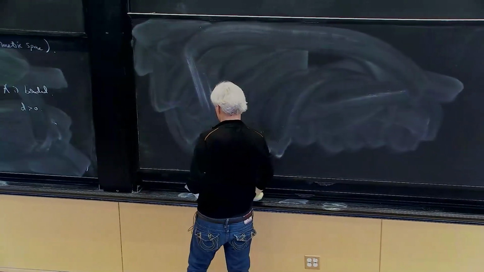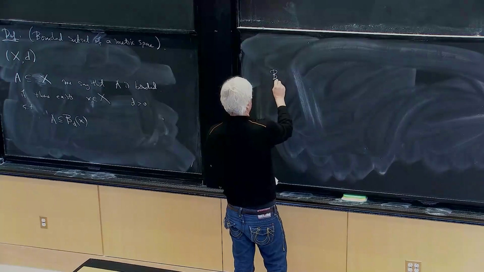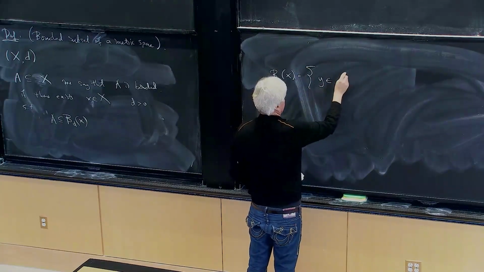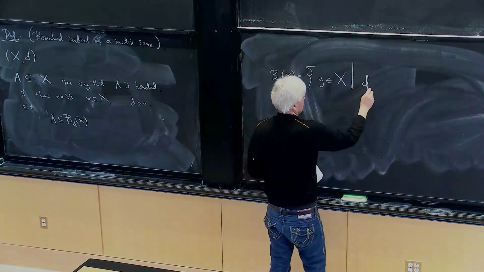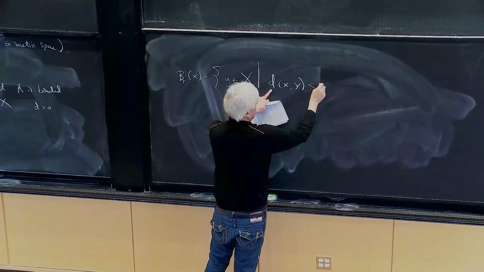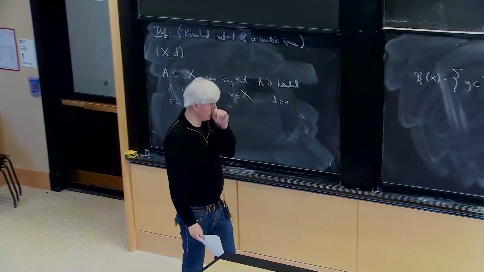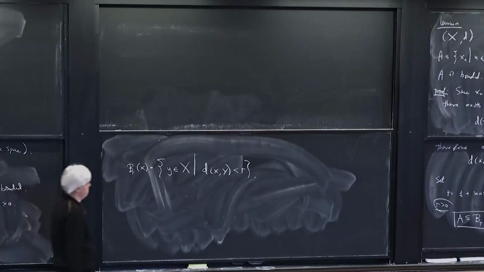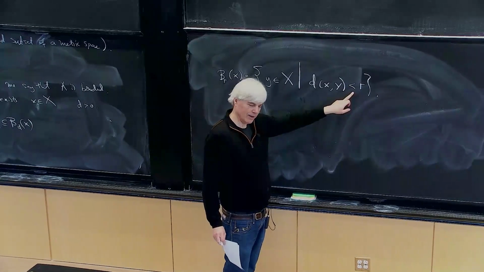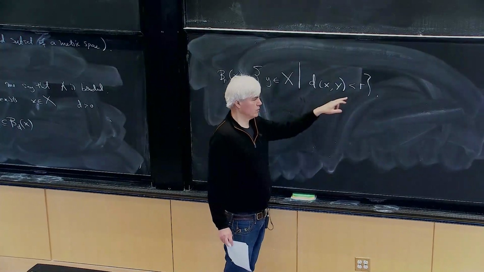So the definition of a ball in a metric space, let me just write it up again here: these are the y in this set so that the distance to the center is strictly less than r. You could, of course, have defined it differently. You could define it as less or equal to instead of strictly less. I want to use strictly less here.